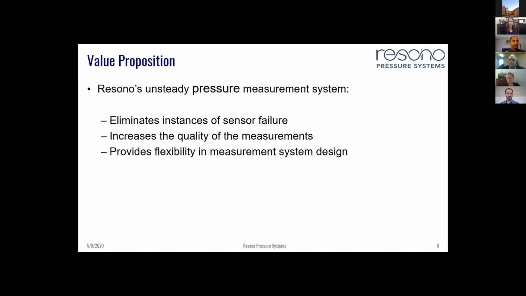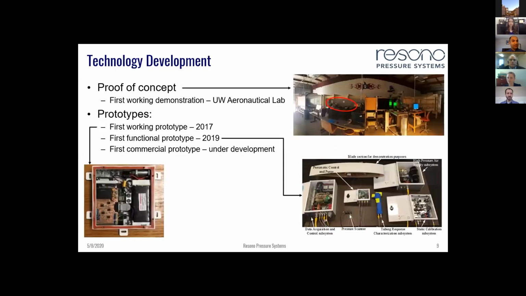You have those tubes, so you can put the pressure sensors further away from where you're actually making the measurements. And eventually it reduces the testing time, which means a reduction in cost, and a lot of cost saving. Where we are at in terms of the development of this technology.